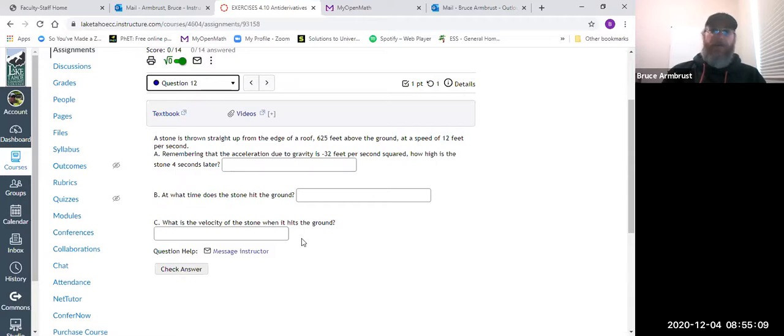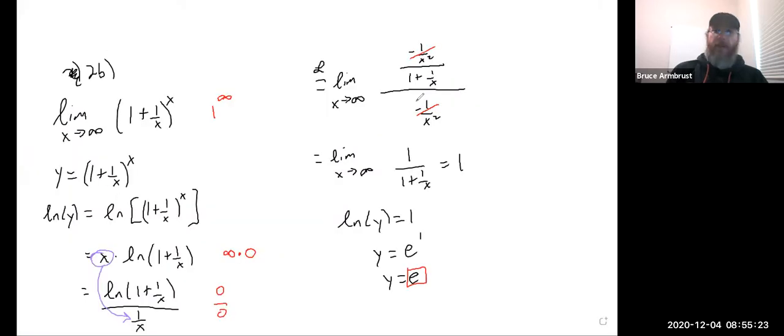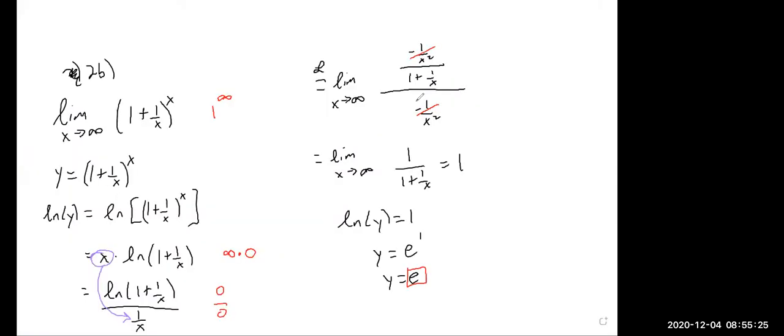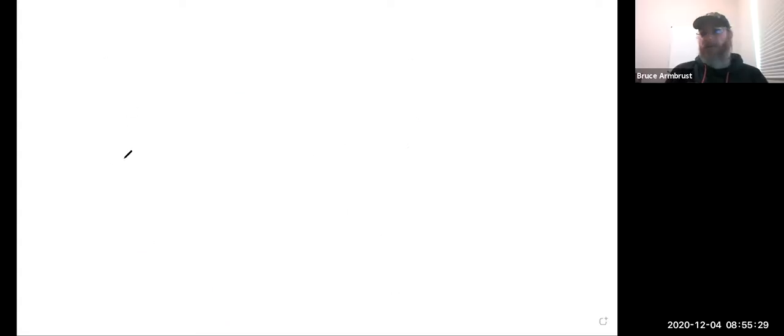All right, well, this is where antiderivatives come in. So I'm going to go ahead and switch to a whiteboard. But while I'm doing that, let me ask you guys this. Do you remember how you get acceleration? That's the second derivative of the position function. Yeah, so if you have your position, you differentiate it once, you get velocity.